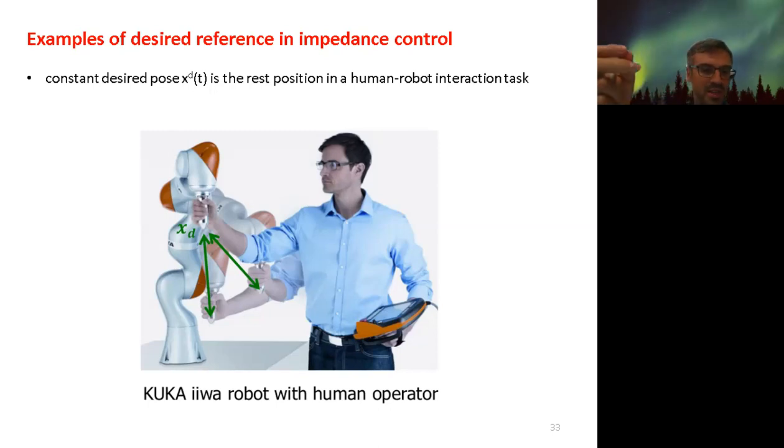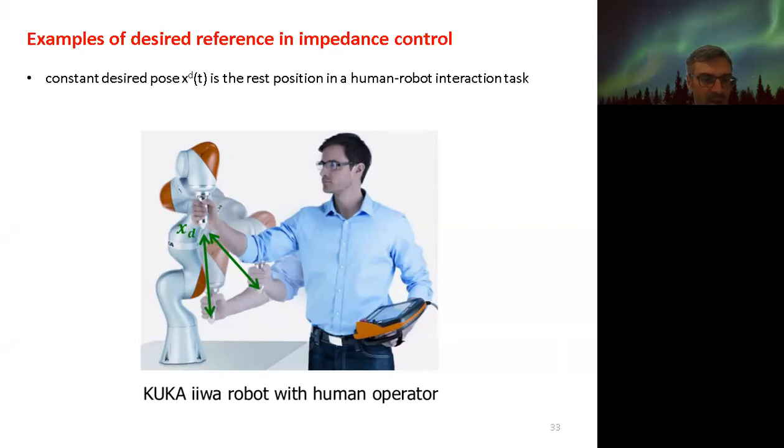If you make the robot very stiff in one direction, then the human will feel the need of a higher force to achieve the same amount of displacement. If in another direction you set a lower stiffness, then it will be easier for the human to displace the end effector, using less force.